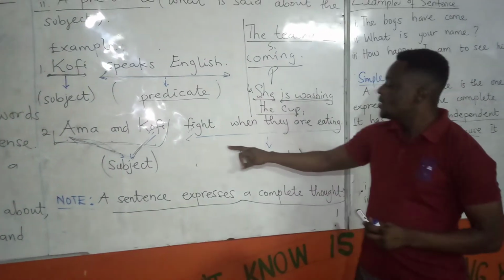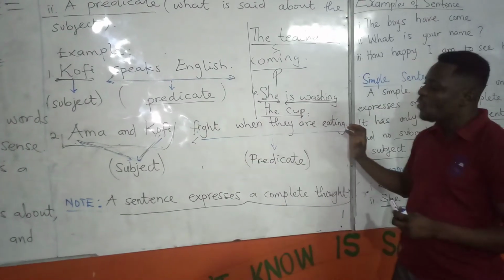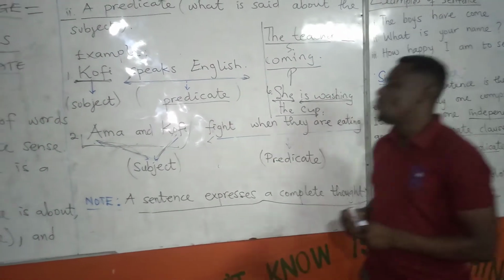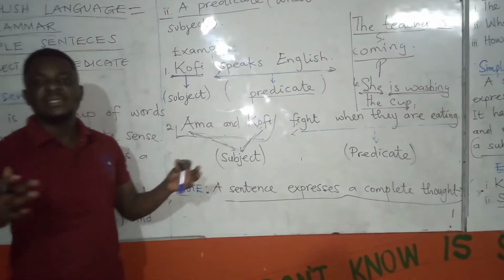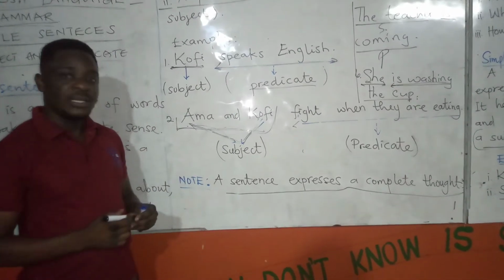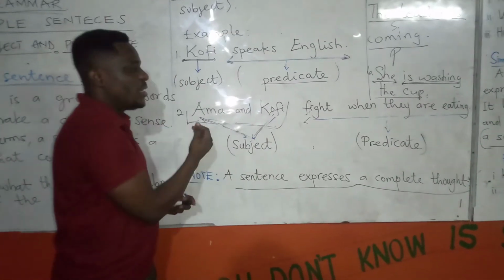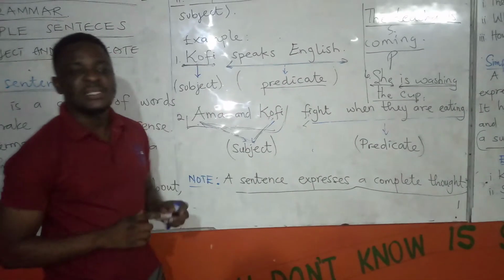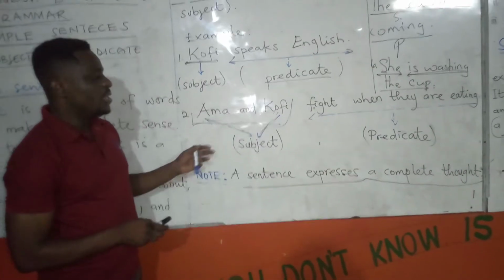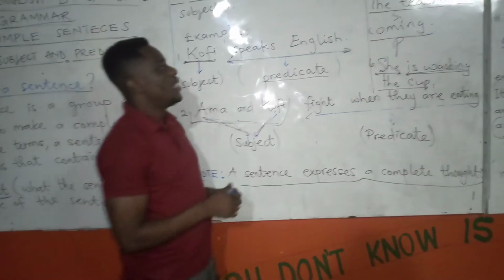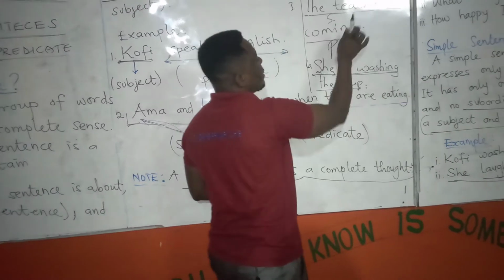So when you separate the subject from the rest of the sentence, it is like when you hold the head of the snake, what is left is just a tail. In the same respect, when you take the subject away, the remaining part of the sentence is just the predicate. So now you have seen what a predicate is. Let's continue. Another example on the board, example 3. The teacher is coming.